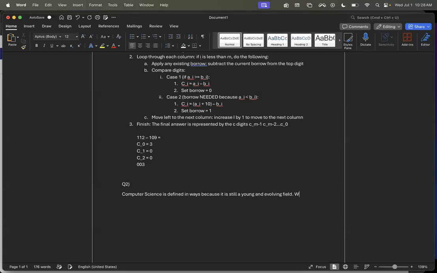So while the textbook from your reading defines it strictly as the study of algorithms, as many textbooks do, the famous 1989 ACM definition calls it the study of processes that transform information. So we want to just put that in quotes, right?